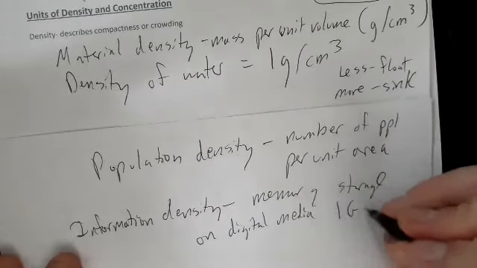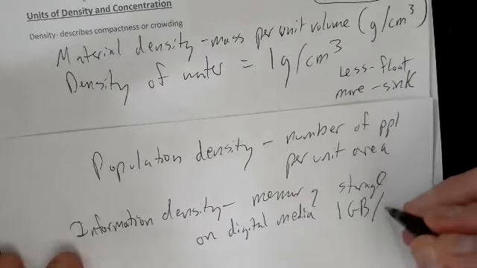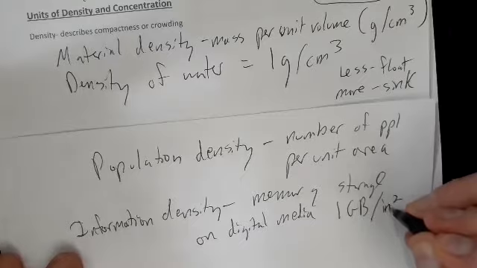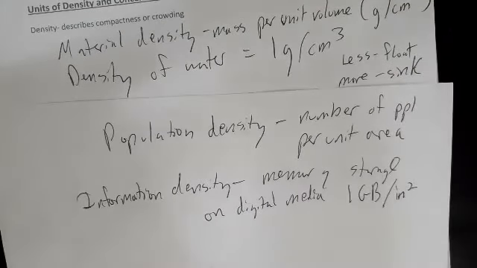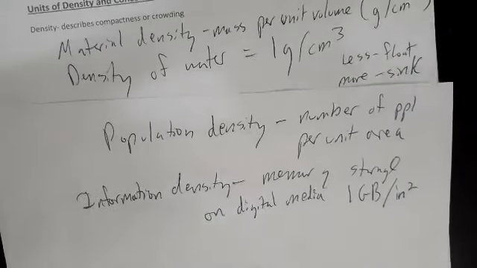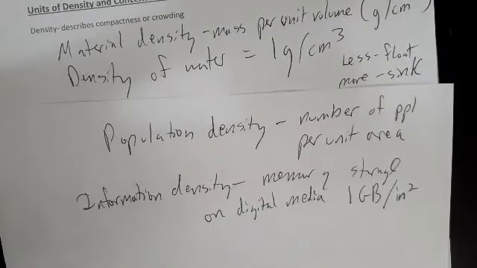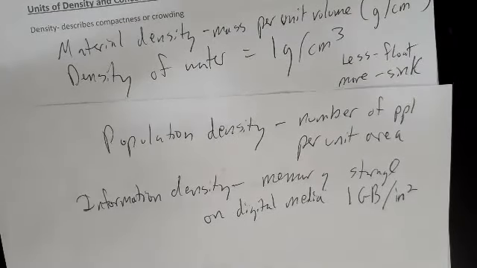So they go 1 gigabyte per square inch is what they're doing. Okay. And so these are going to be the 3 different things that we talk about with respect to density.